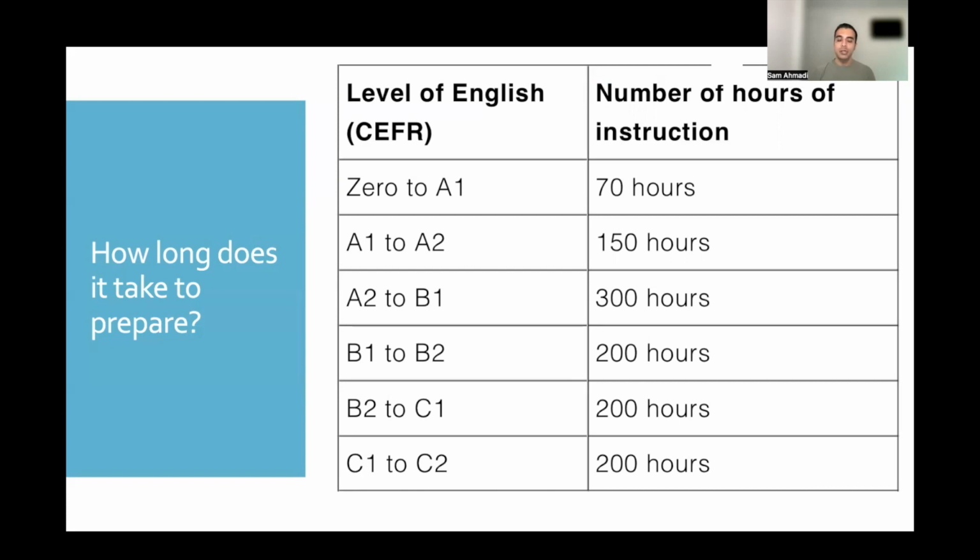Now let's imagine that we're not at the C1 level. We are currently at the B2 level, and we need to improve our level of proficiency and reach C1. So as you can see in this table here, it takes approximately 200 hours for you to get from B2 to C1. Or let's take a look at another example.